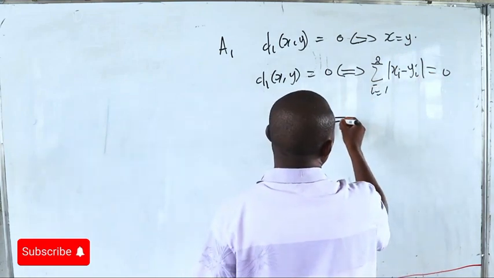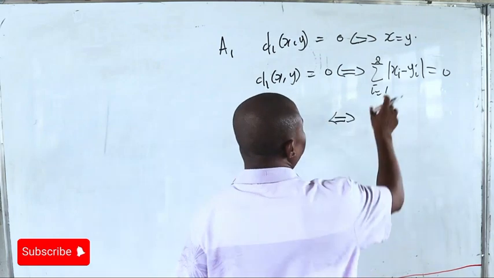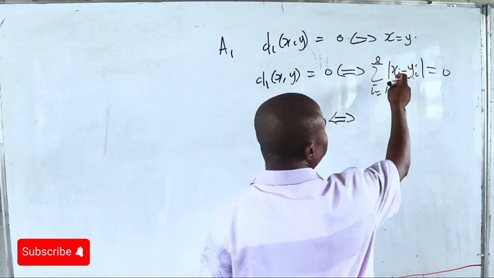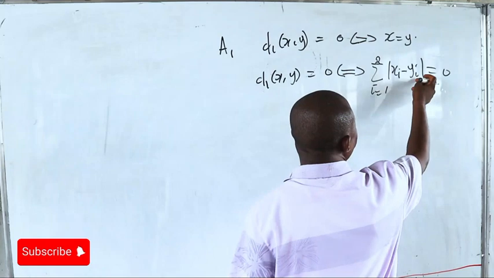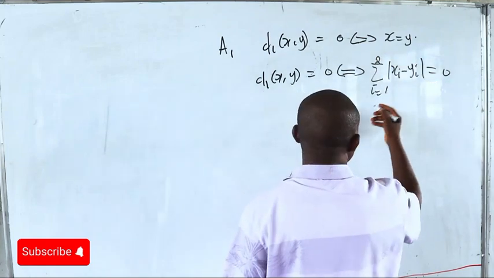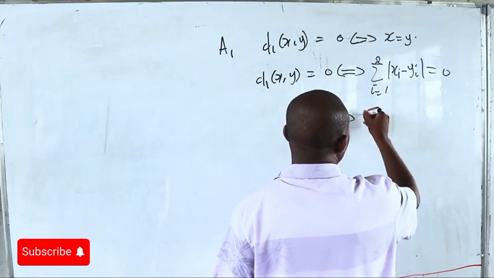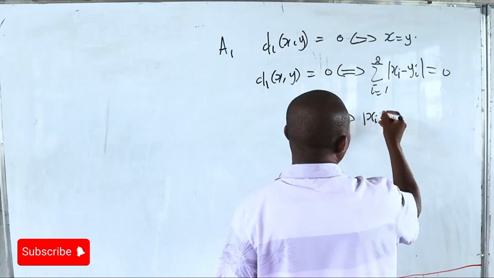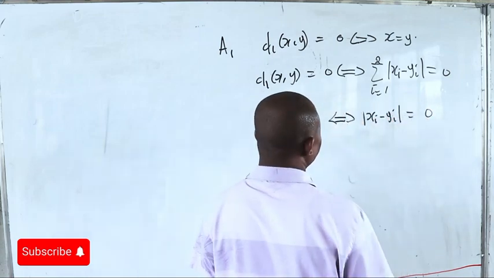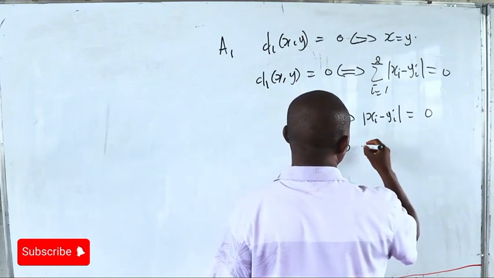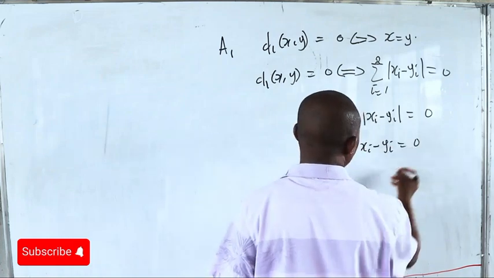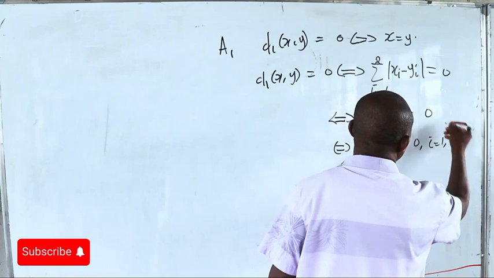And this is true if and only if individual terms of this sum are equal to 0, because each individual term in this sum is non-negative. So with this, we can conclude immediately that absolute value of xi minus yi is equal to 0, here i is 1, 2.